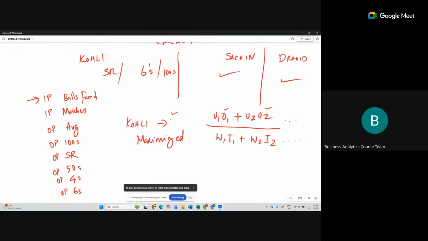For example, Rahul Dravid will not focus on strike rate. He will give very little weightage to strike rate. He will give more importance to number of balls faced. Similarly, Sachin will give more weightage to number of matches, number of hundreds. He will give less weightage to number of sixes. Is that correct? Are you with me?